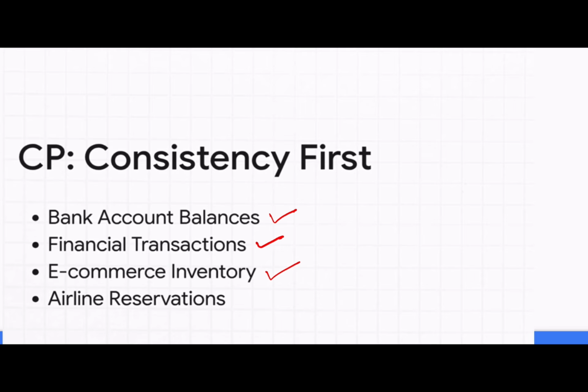Airline or railway reservation, the user should be able to see the correct data. It should not be that the tickets or seats are booked, yet the user is able to see some of the seats unbooked and proceed with the reservation, and then get to know that their booking cannot be completed.